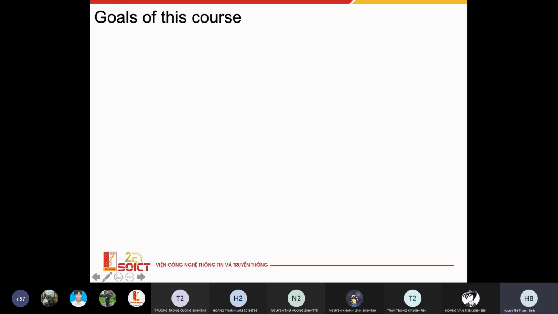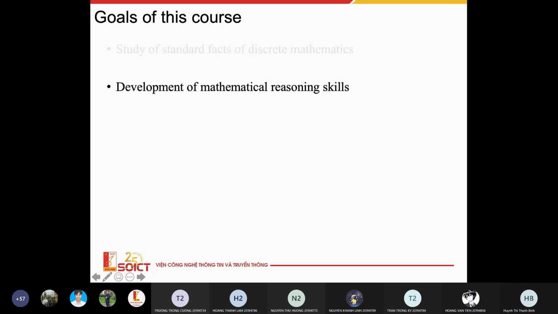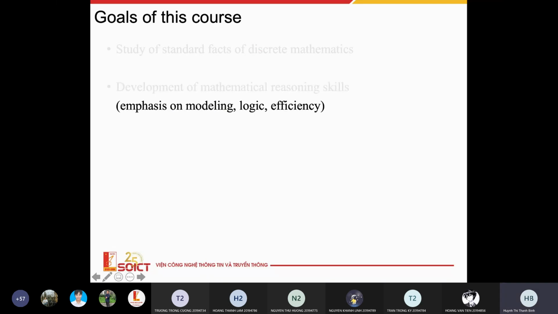The goal of this course is to study standard facts of discrete math and develop mathematical reasoning skills, with emphasis on modeling, logic, and efficiency.